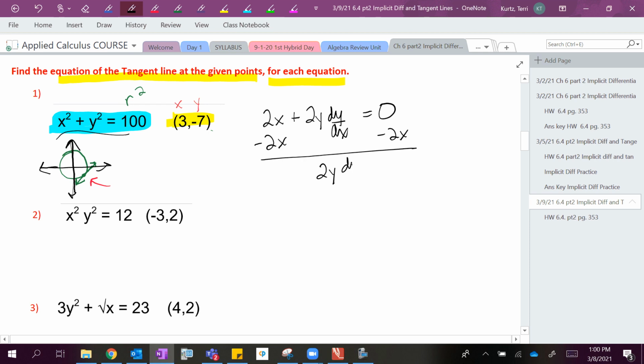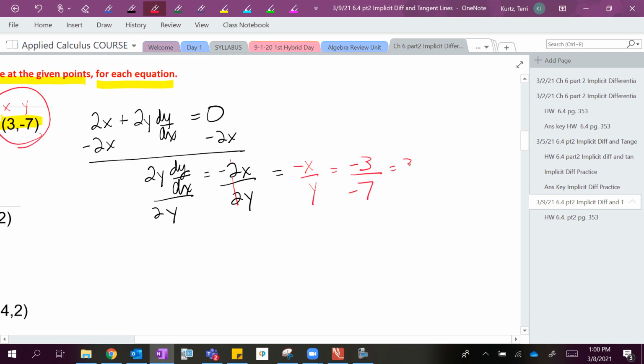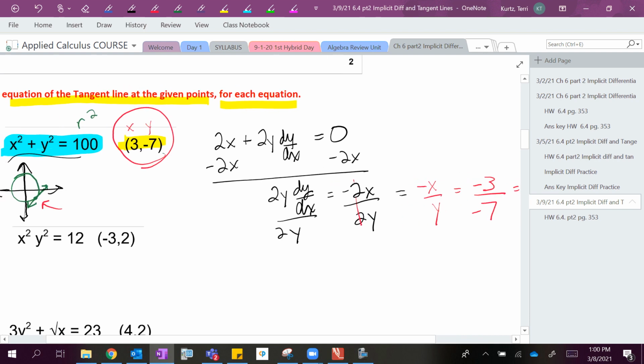So we get 2y dy dx equals negative 2x. We divide by 2y, and the 2's cancel out, and we get negative x over y. So that is our formula for the derivative. We plug in our values for x and y, so that becomes negative 3 over negative 7, which becomes 3/7. So that is our slope for our tangent line.